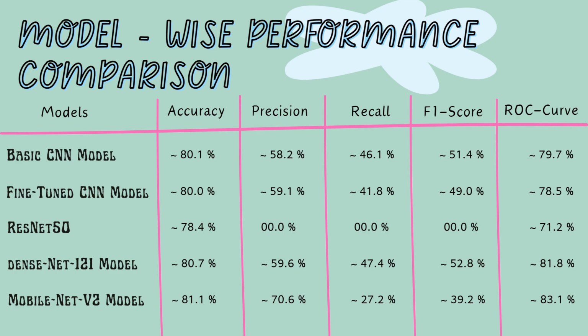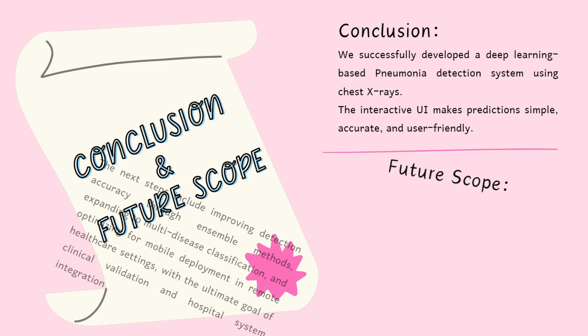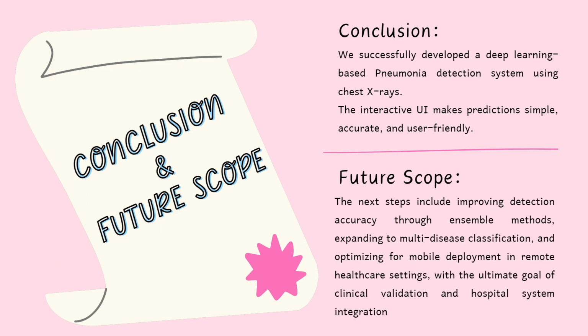To wrap up, this project demonstrates how deep learning can genuinely transform medical imaging. We have built a complete system with six different AI models. Our best performer, MobileNet V2, achieved 81% accuracy with a strong ROC AUC of 0.83, while YOLO V5 adds the critical visualization capability that doctors need.